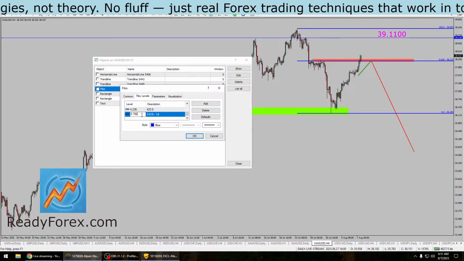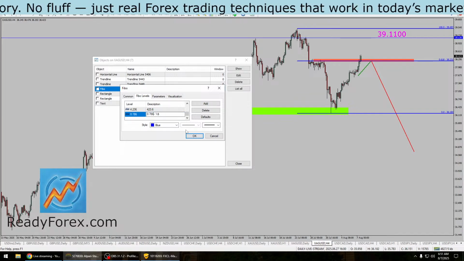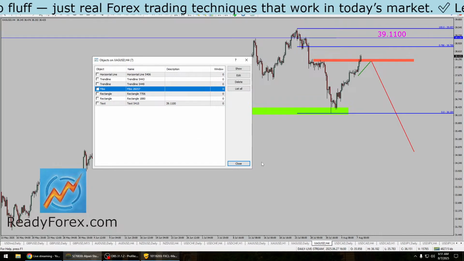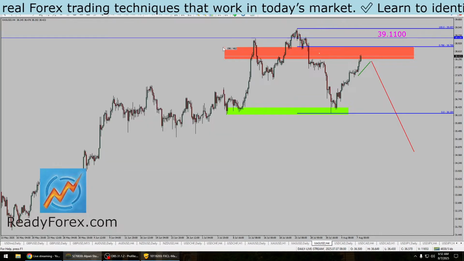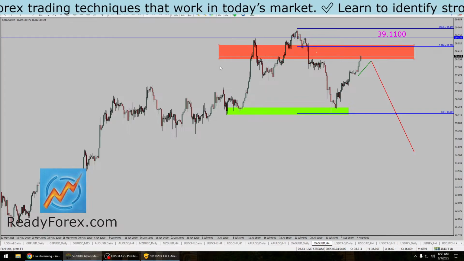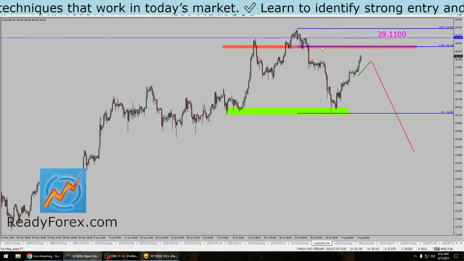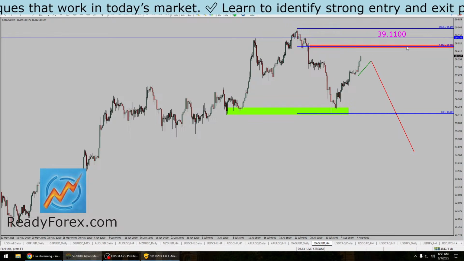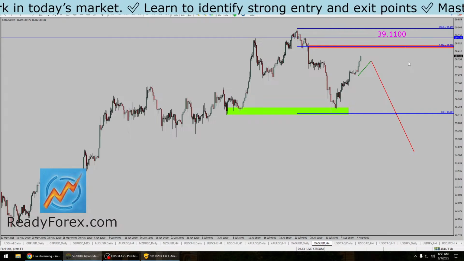This one goes over here. Okay, so this is the level which market is probably going to hit, and if we get some sort of a reaction over here, then fine, otherwise let it go.